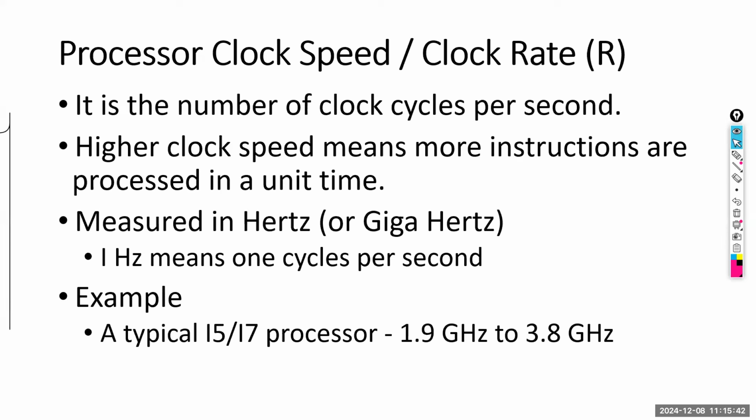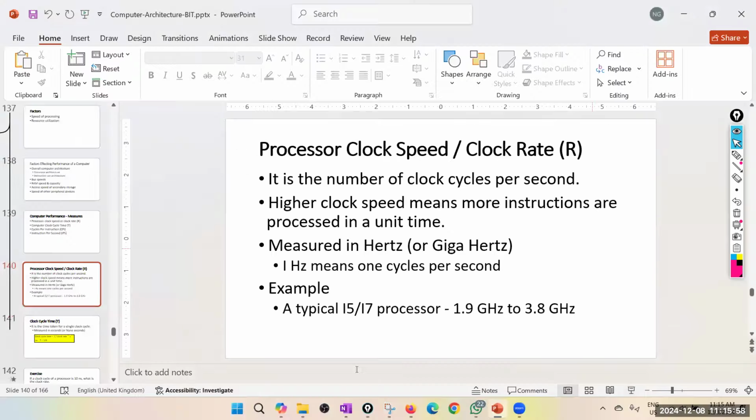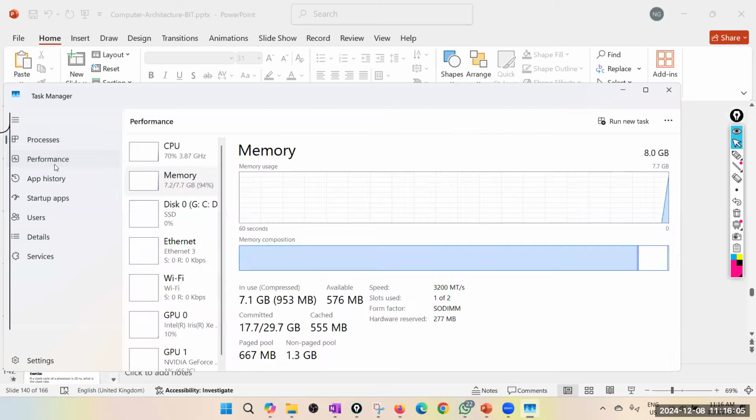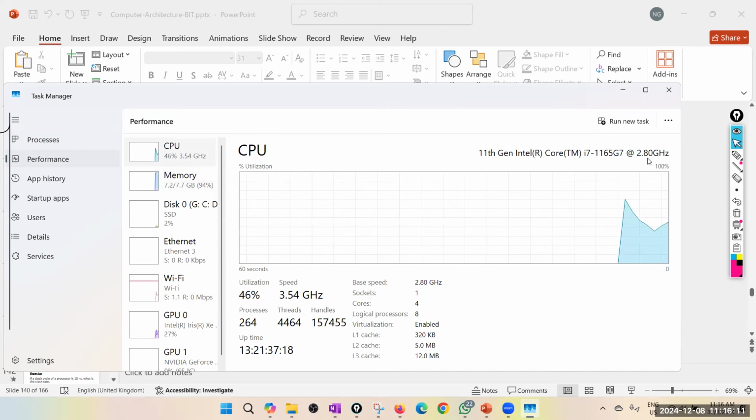So that is what you refer to when you buy a processor, right? You will say it's a 1.8 gigahertz processor, 2.8 or 2.6 gigahertz processor. So that is clock speed. For example, I have a very moderate processor in my laptop. So my processor speed is 2.8 gigahertz.